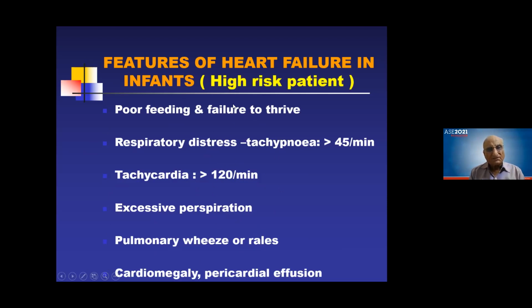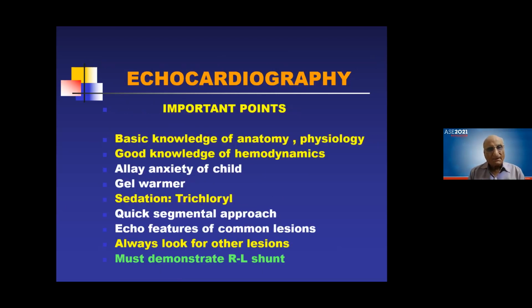Whenever any of these things are present, the child should be immediately sent to a pediatric center. That means the patient is a high risk case, and these are some of the signs of heart failure.